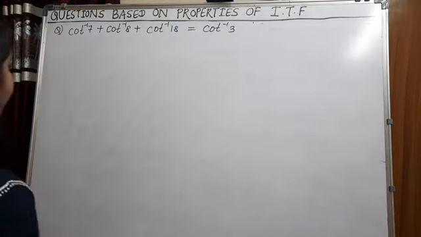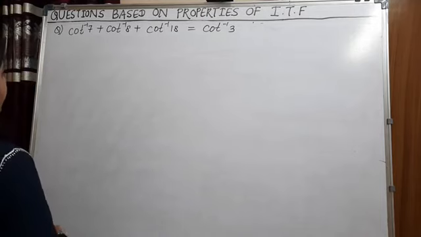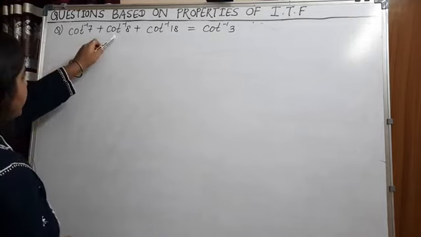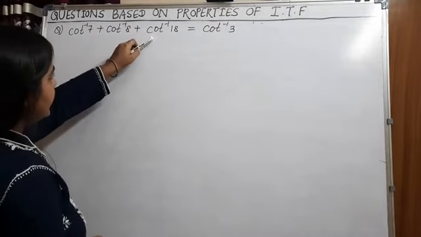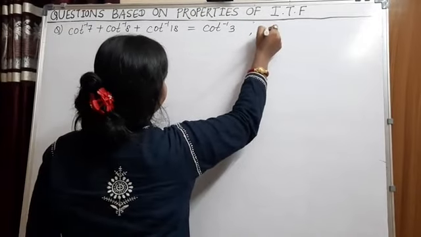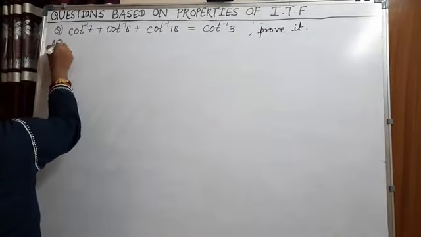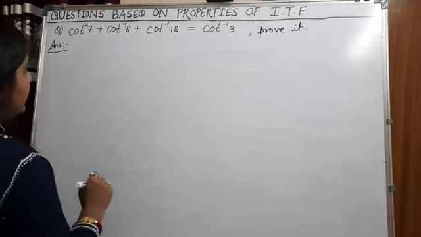Now we will discuss one more question based on the property. Here, cot inverse 7 plus cot inverse 8 plus cot inverse 18 is equal to cot inverse 3. We have to prove it. So we'll start.